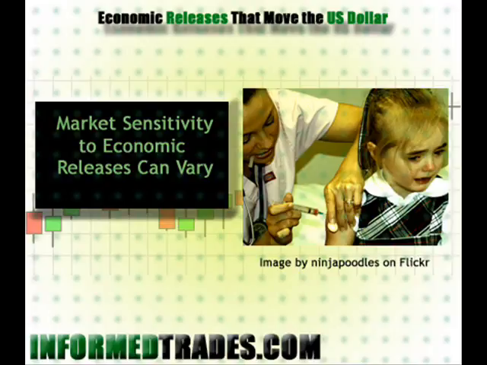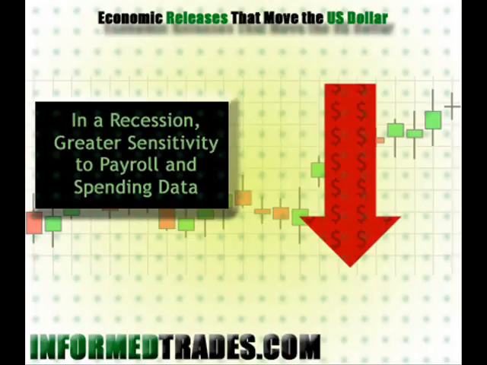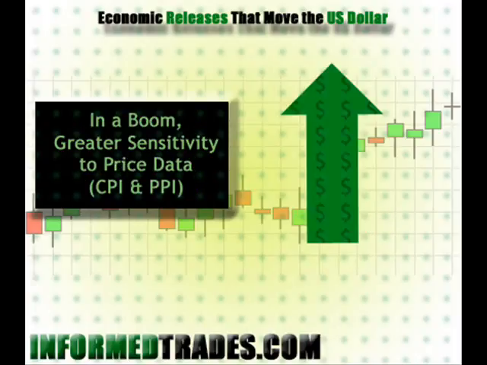If there are worries that the US economy is going into recession, then the market is going to be extra sensitive to any numbers, such as non-farm payrolls and consumer spending, which may provide early warning signs that this is the case. Conversely, if the economy is heating up and the markets are worried that inflation may become a problem, then the most market-moving numbers may be price data releases, such as the CPI and the PPI.